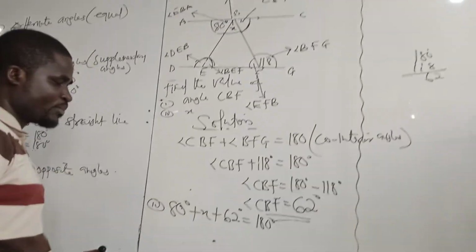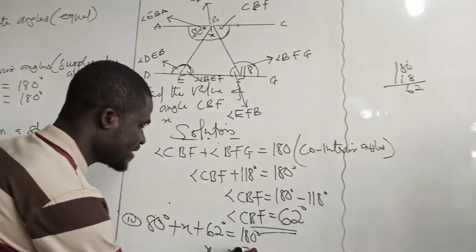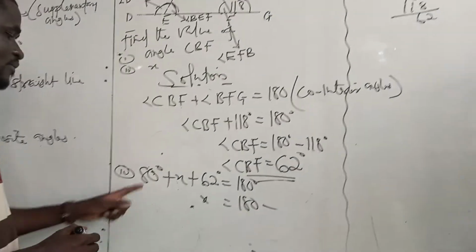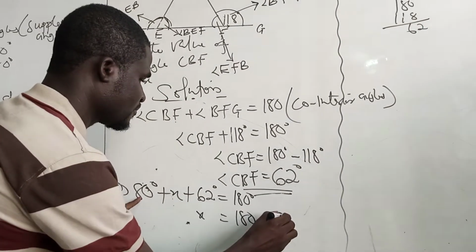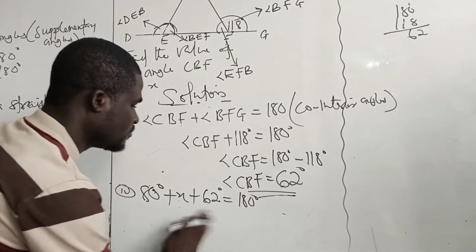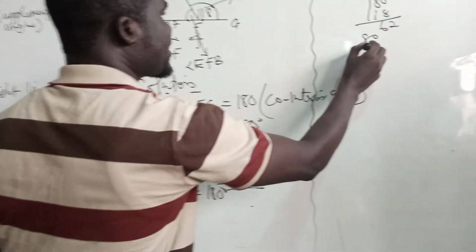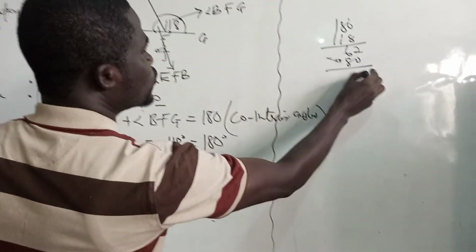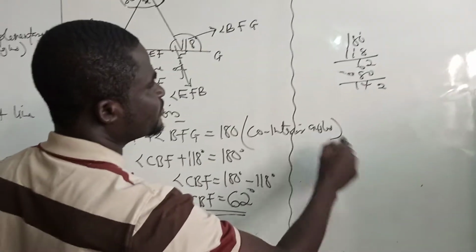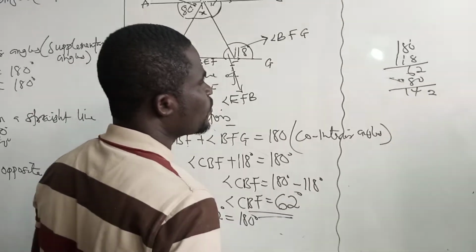Now let's group like terms. x is equal to 180 minus 80, so 80 plus 62 will give us 142.